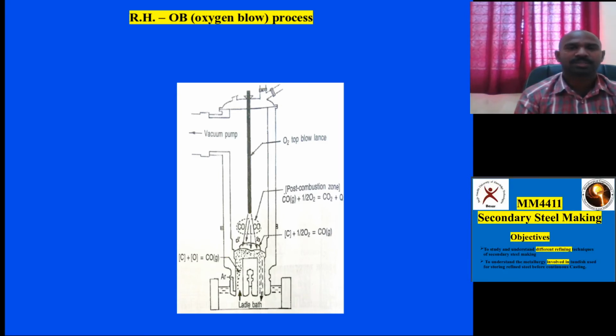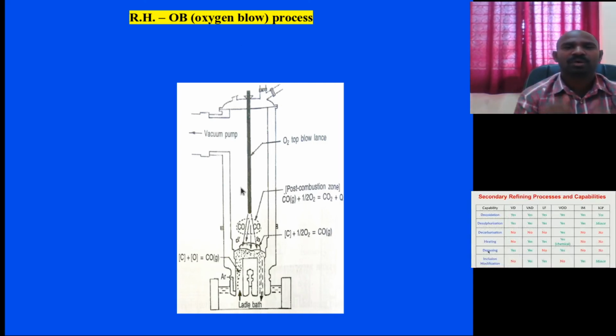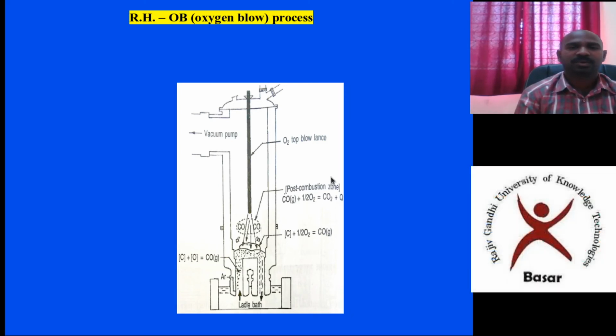But if I still need lower carbon, how do I produce it? By having the provision of a vacuum vessel, just like RH degassing units, and the addition of an oxygen blow, pure oxygen blown, so that CO and CO2 go out, so that you can achieve ultra low carbon steels.